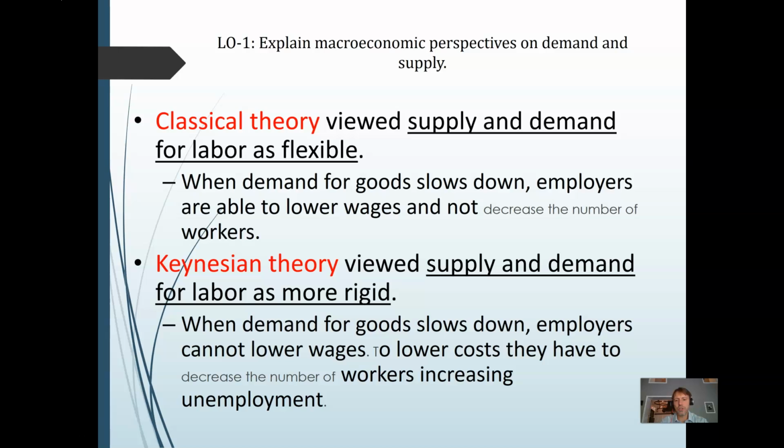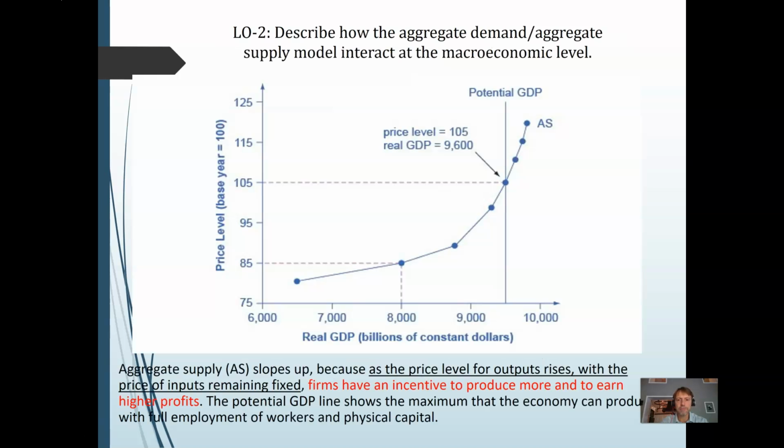So, in order to get their costs in alignment, rather than drop everybody's wage, what they tend to do is lay off some of the workforce, increasing the number of those who are unemployed. And again, that does predict very well what we see in the short term, at least over a 5 year period, when we have these kinds of events happen in an economy.